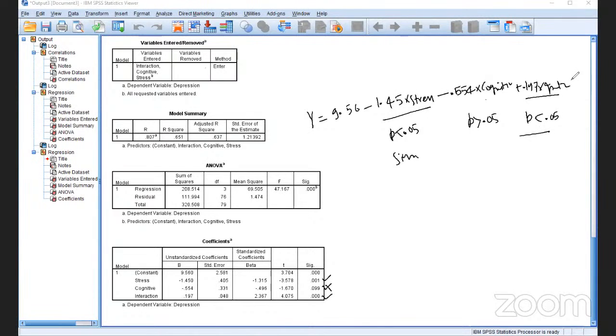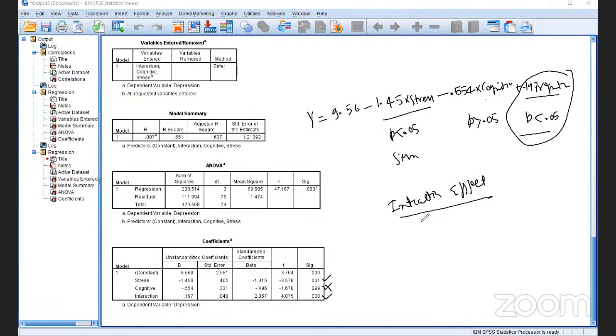So this interaction tells us whether it is significantly contributing or not. So here we can say there is an interaction effect.